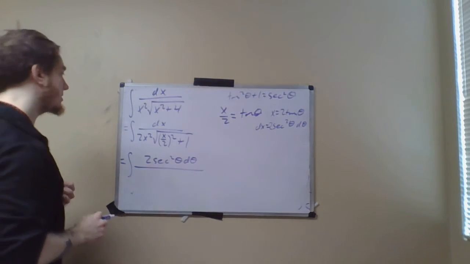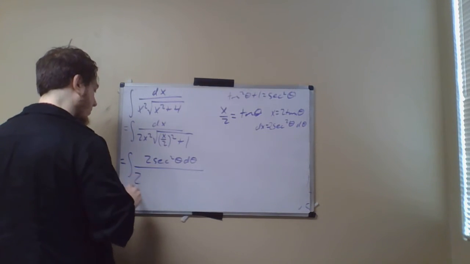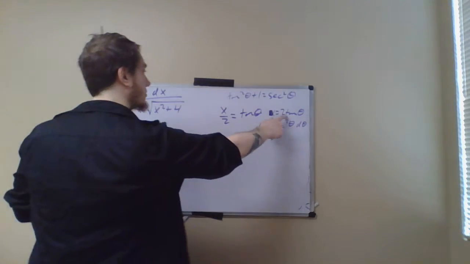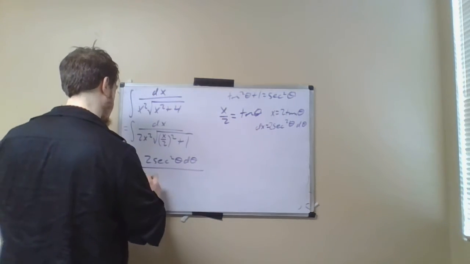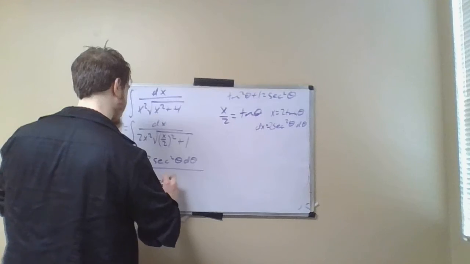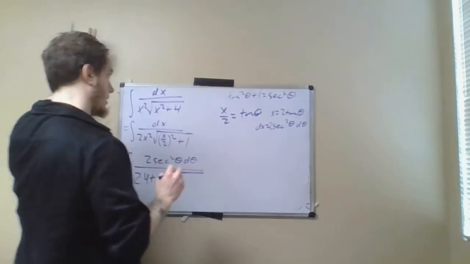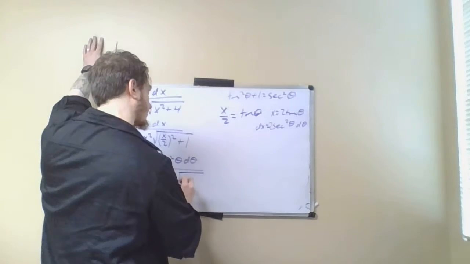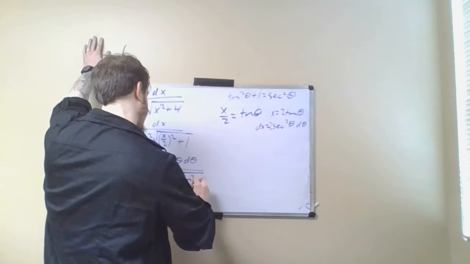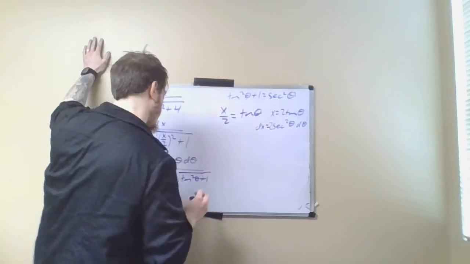Now, in the denominator, we're going to have a tremendous amount of stuff. We're going to have 2. Then we have 2 tan theta squared. So that's going to be times 4 tangent squared theta. Then I have the square root of tan squared theta plus 1.